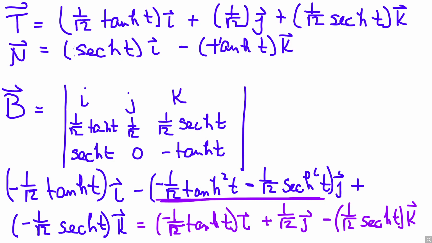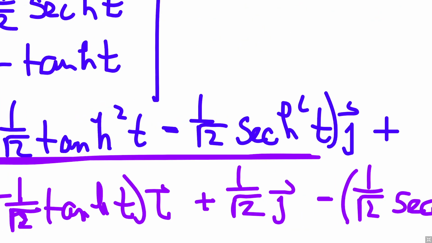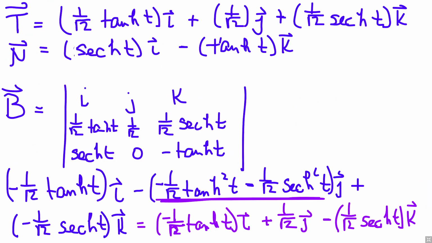Just keep in mind the reason why this middle term is just this: you can factor out a negative 1 over the square root of 2, and by the hyperbolic identities, tangent hyperbolic squared t plus secant hyperbolic squared t is 1.